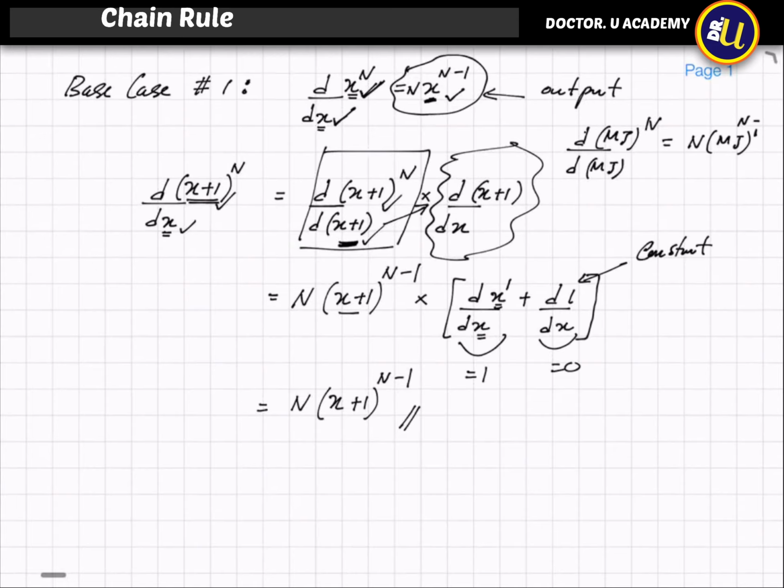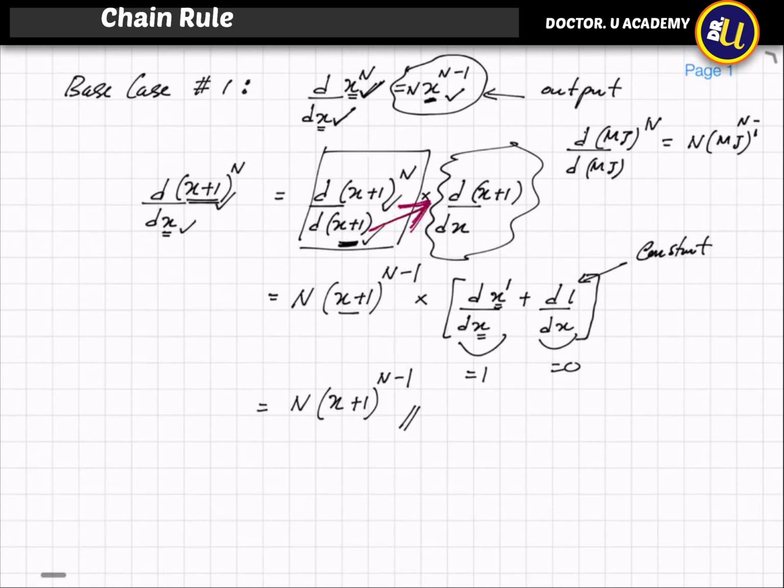No. Now this is called the chain rule. Why do we call it chain rule? Why did that name chain come? We call it chain rule because you can see this connection here.